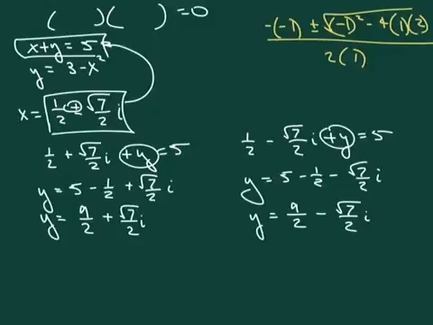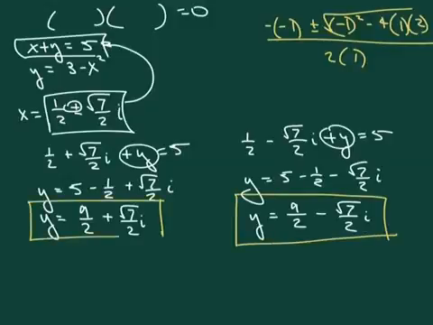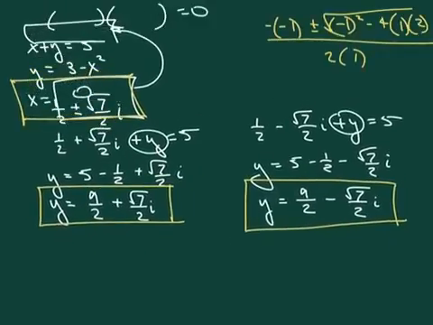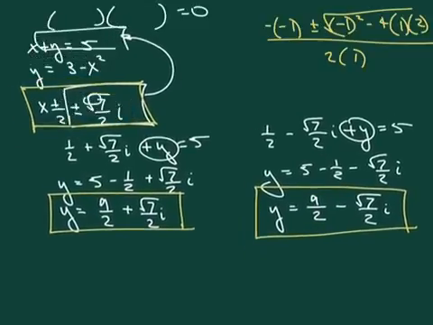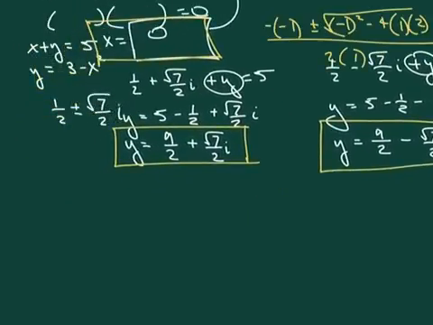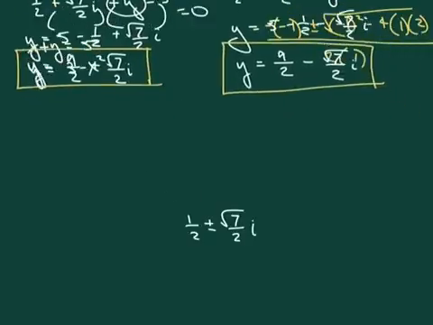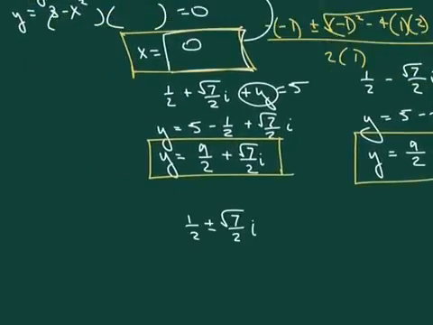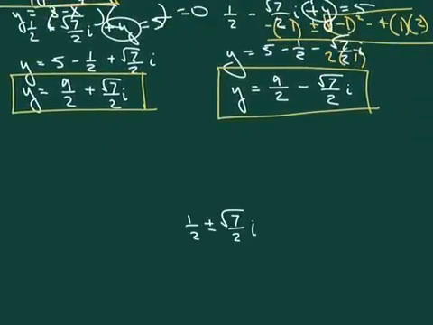Alright, so what did I just find? I just found my two possible answers for y. Okay, and I already have my two possible answers for x. So let's go ahead and, alright, trying to move things around here, see if I can make it work. There's my x right here that's moving around.